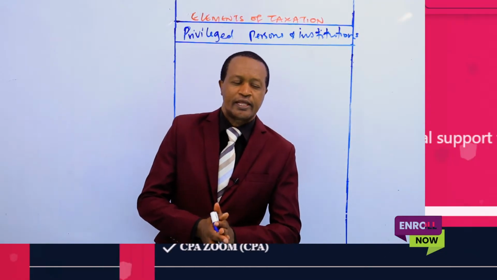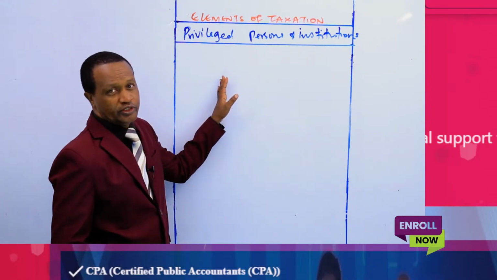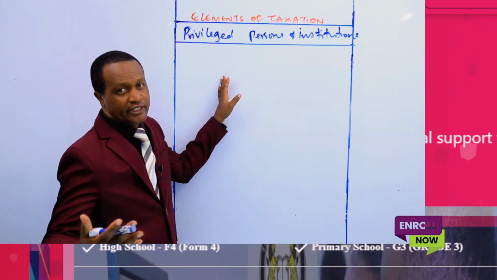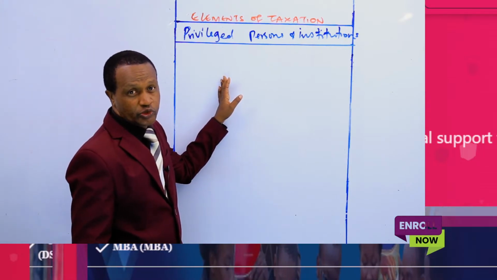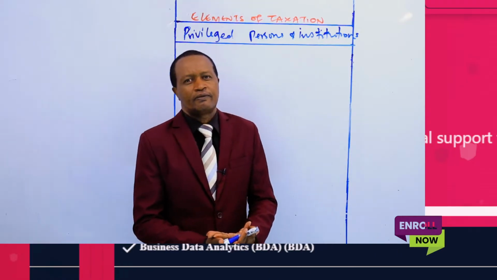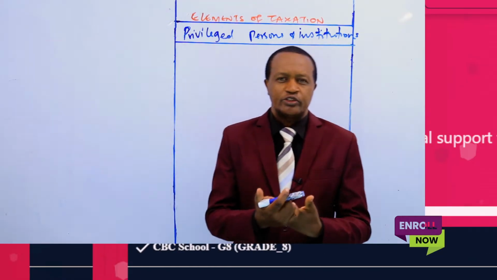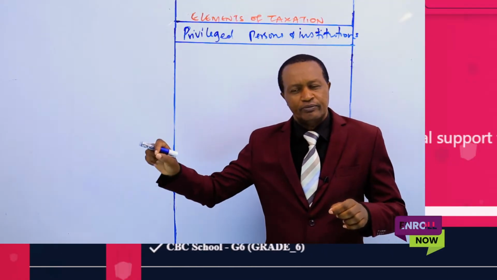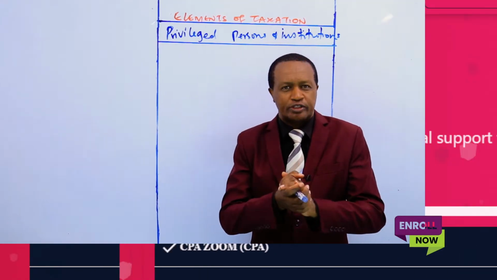Privileged persons and institutions. Here in Kenya, there are certain privileged persons and institutions who are accorded special VAT treatment, primarily through zero rating of supplies made to them or their imports.